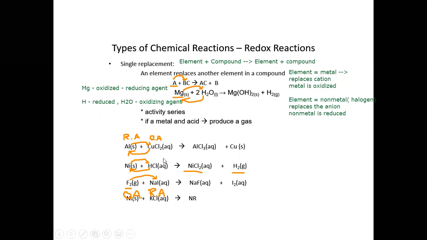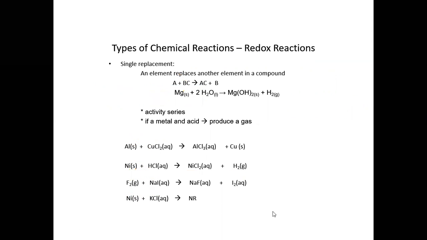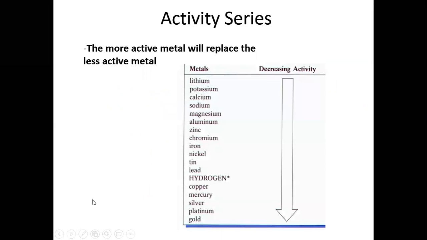And so now the way we know that some elements will react, some won't, is based on the activity series. And the activity series is showing you which elements are more active than others. Now you don't have to memorize this table, you just have to know how to utilize the table to know which reactions will occur and which ones will not.